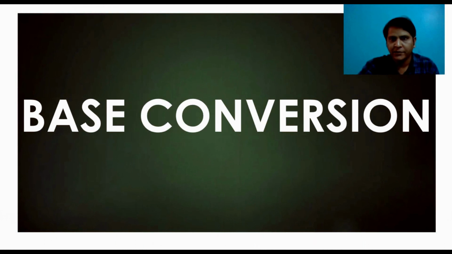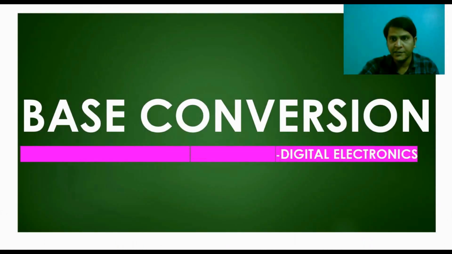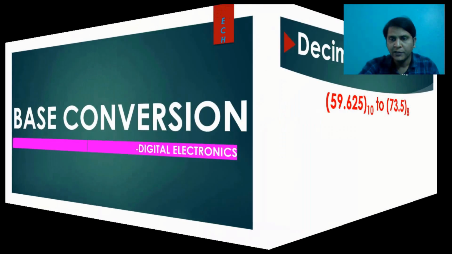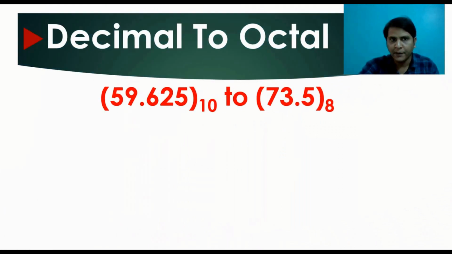So in the series of base conversion in digital electronics, today we will learn about the decimal to octal conversion, right? We will convert the decimal number system into the octal number system. The base of the decimal number system is 10 and the base of the octal number system is 8.